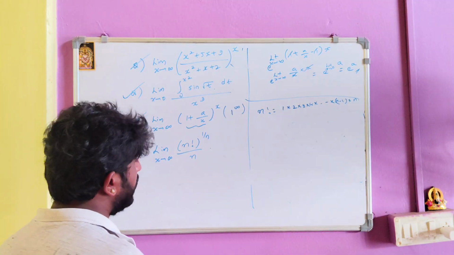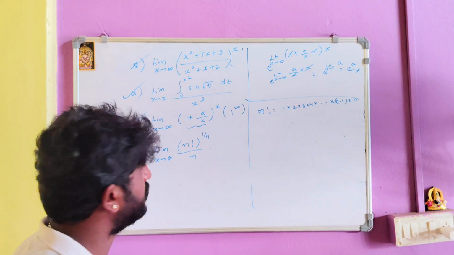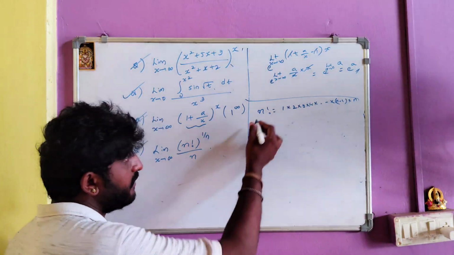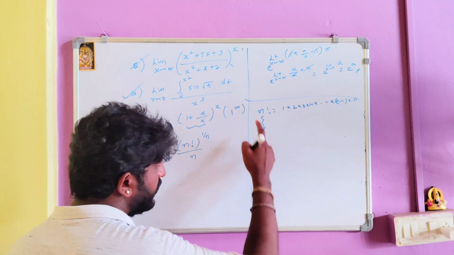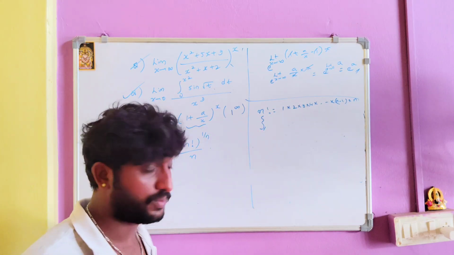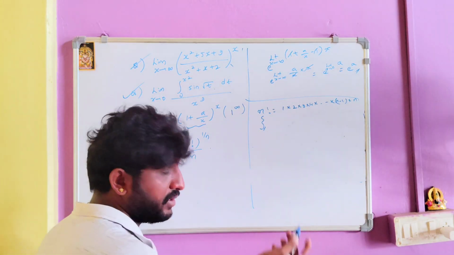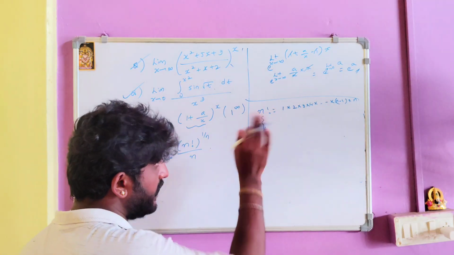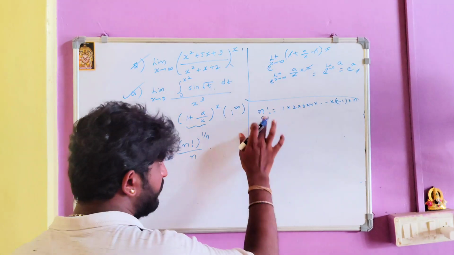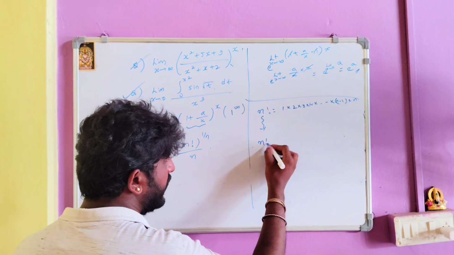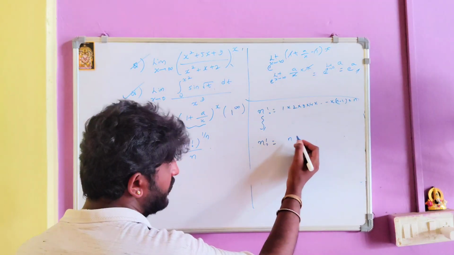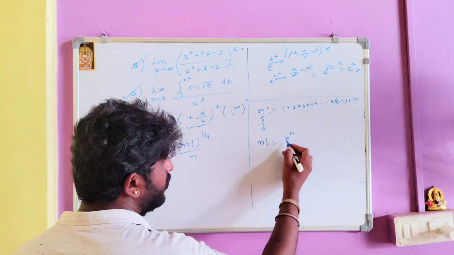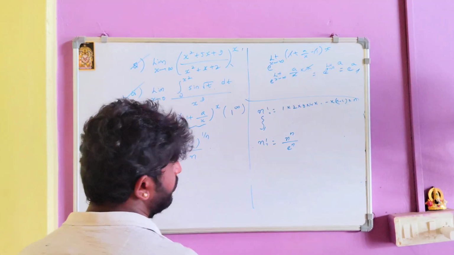Here we have to remember one thing. Whenever you see n factorial or any factorial term given, n factorial can be written as n raised to the power of n by e raised to the power of n.